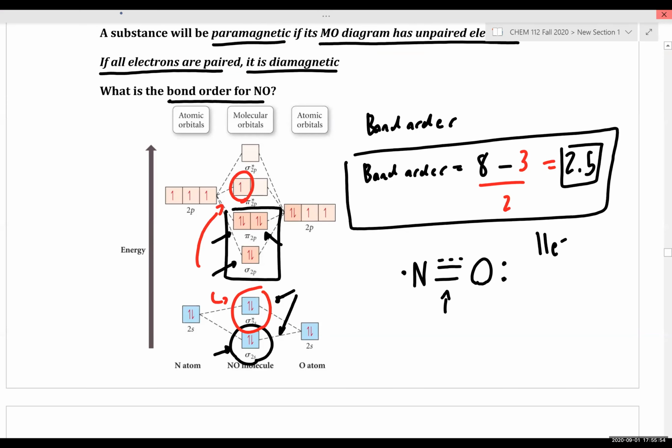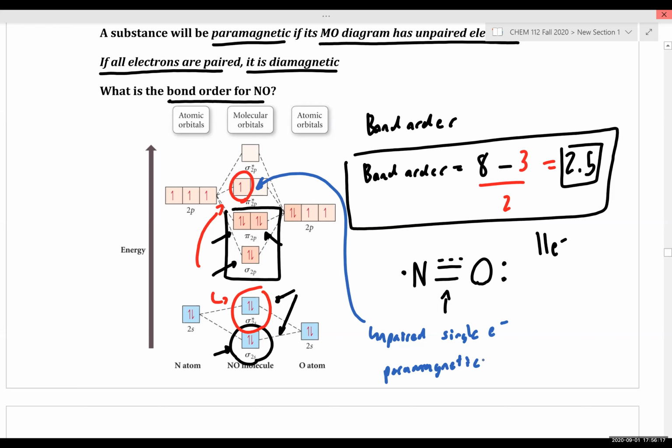The other thing that I'd like everyone to note, does everyone see that unpaired electron? We have this unpaired single electron. So this is a key sign that we have a paramagnetic molecule, a molecule that is affected and is attracted to an external magnetic field.